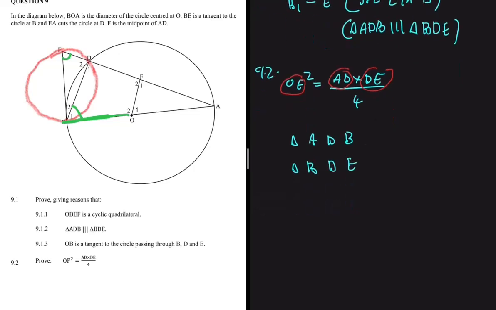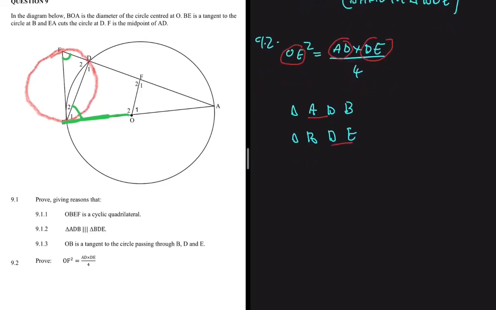We're looking for AD and DE. Because the two triangles are similar, we can say that line AD on this first triangle, divided by line DB on that triangle, will be equal to line BD on this triangle, divided by line DE.